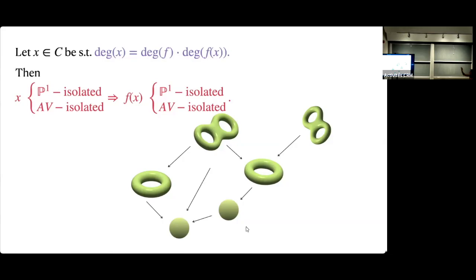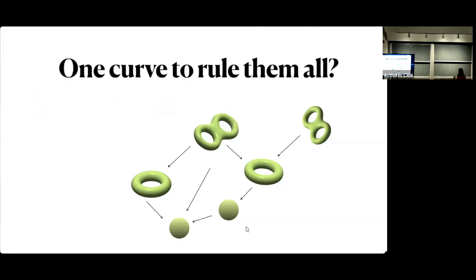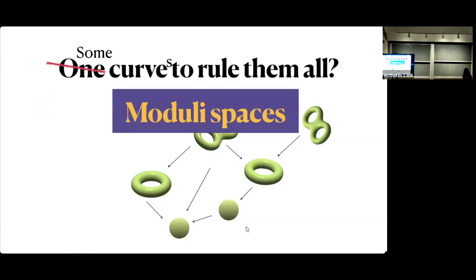Okay, so now we have these curves and we're keeping track of their maps to each other, and we know the isolated points move down, but where do we start? Do we have one curve that rules everything? Well, we don't quite have that, but we do have some curves to rule them all, and those go by the name of moduli spaces.